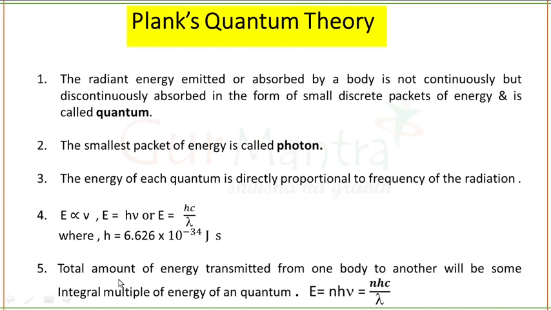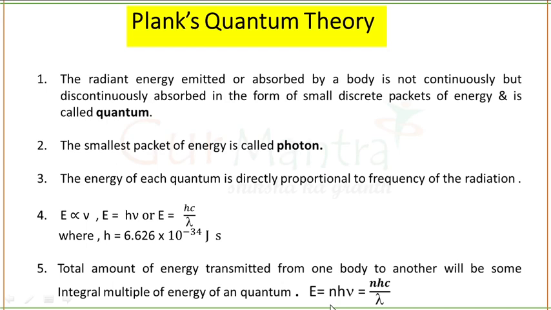As in the next point, you can see the total amount of energy transmitted from one body to another will be some integral multiple of the energy of a quantum. This point states that the energy which is being transmitted should be an integral multiple of a quantum, meaning the value of n, which represents the number of photons, should be a whole number.